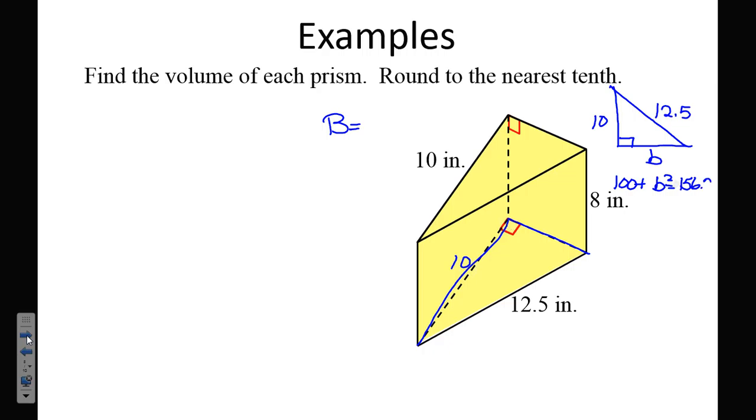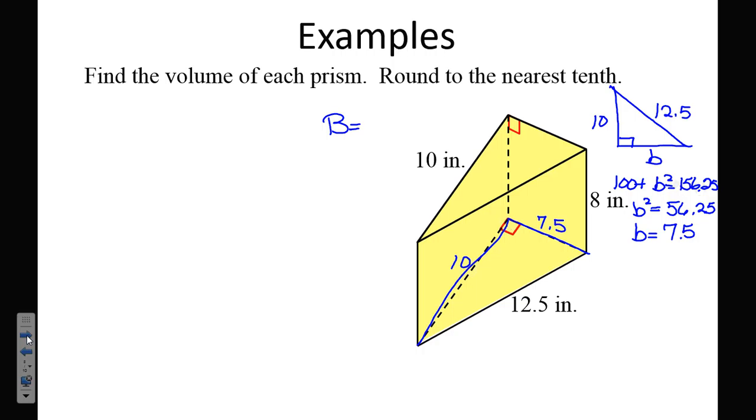When we subtract our 100 from both sides, we'll get 56.25, and we take the square root, and b becomes 7.5. So this little guy here is 7.5.